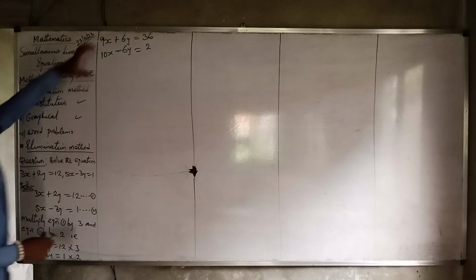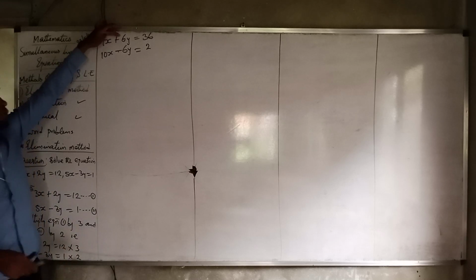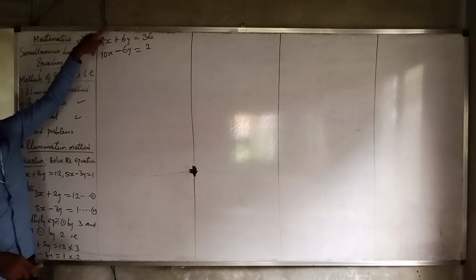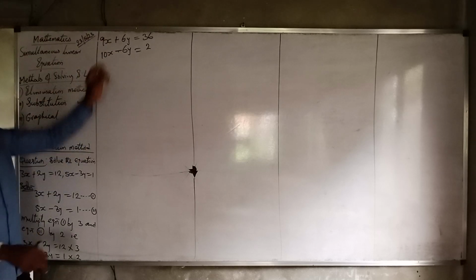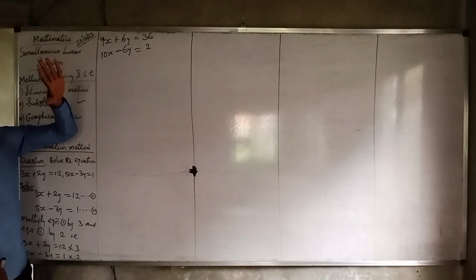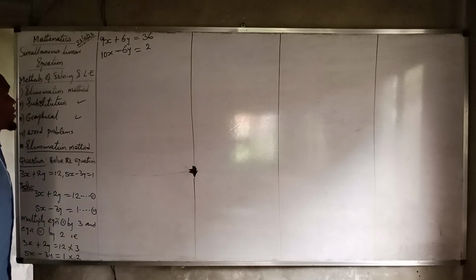So you can see that we have 6y and 6y here. It means the coefficient of y in both equations is the same, so that when you say 6 minus 6, you can eliminate it and make it 0. Alright, so now look at this one.